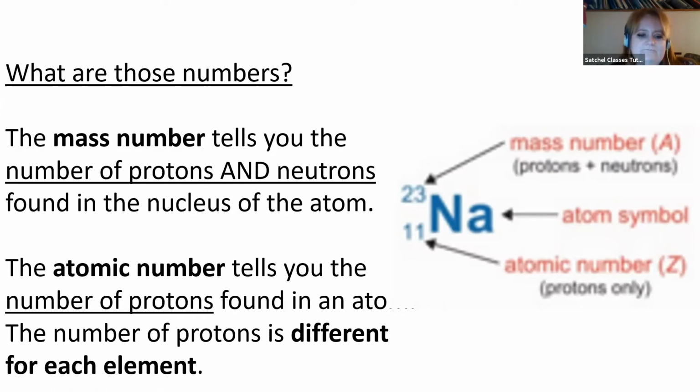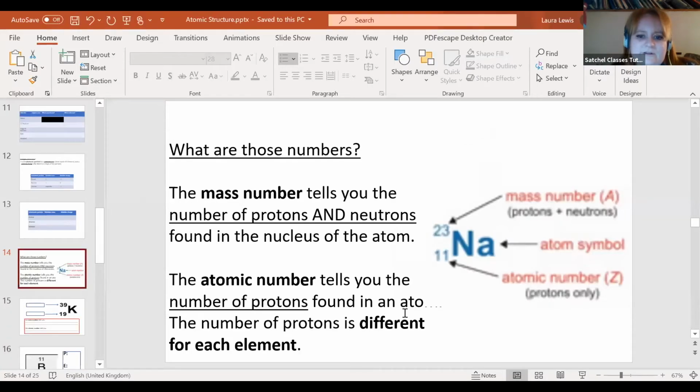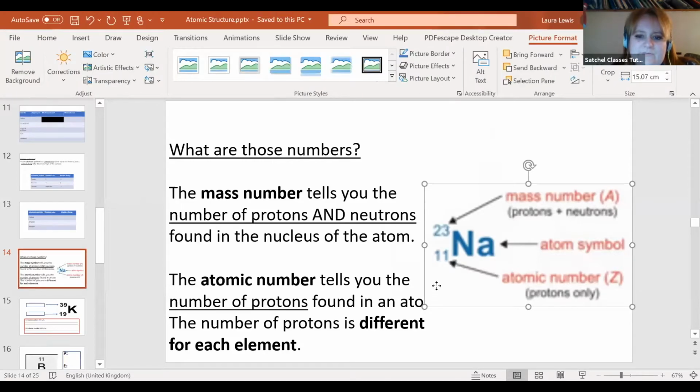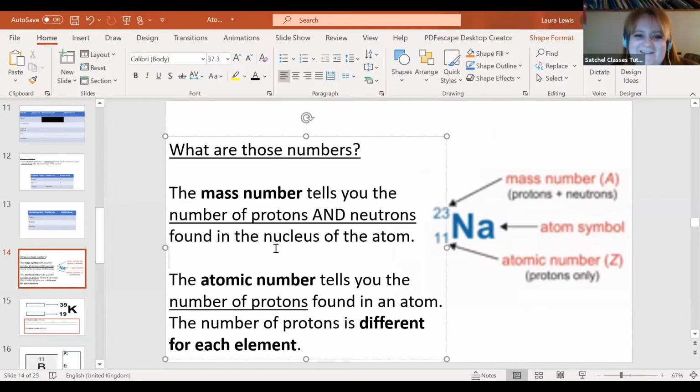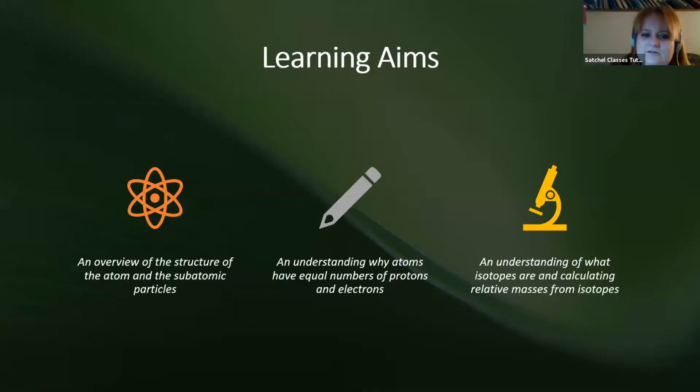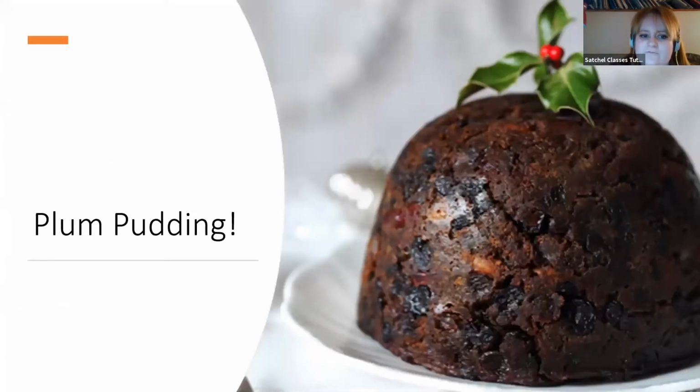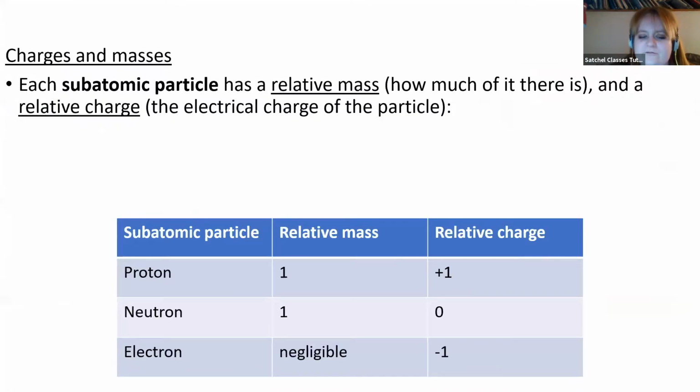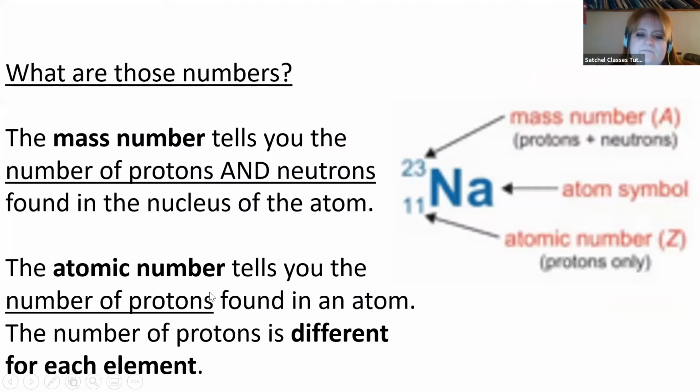So the element itself is actually known by its number of protons. For example, sodium, Latin name natrum, Na, has 11 protons.